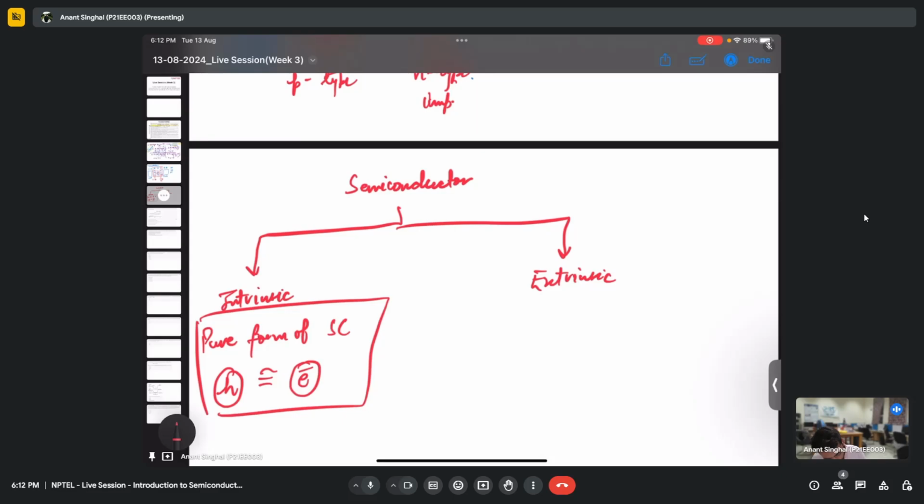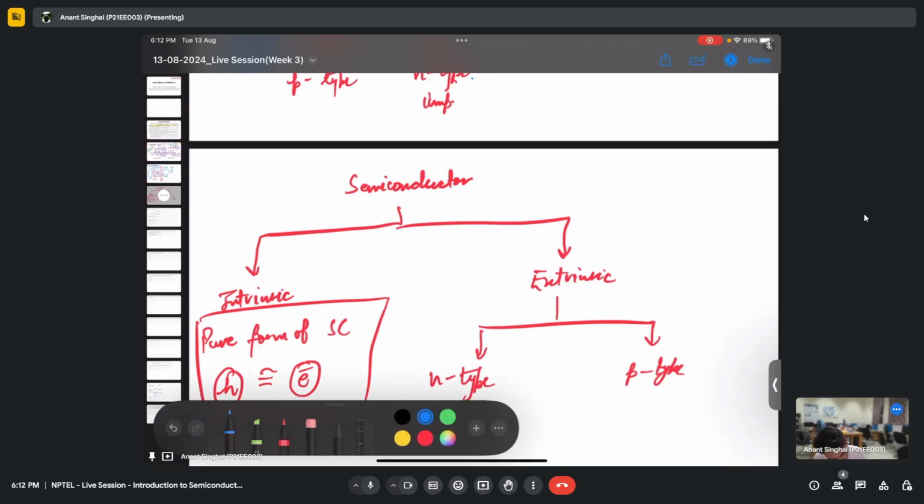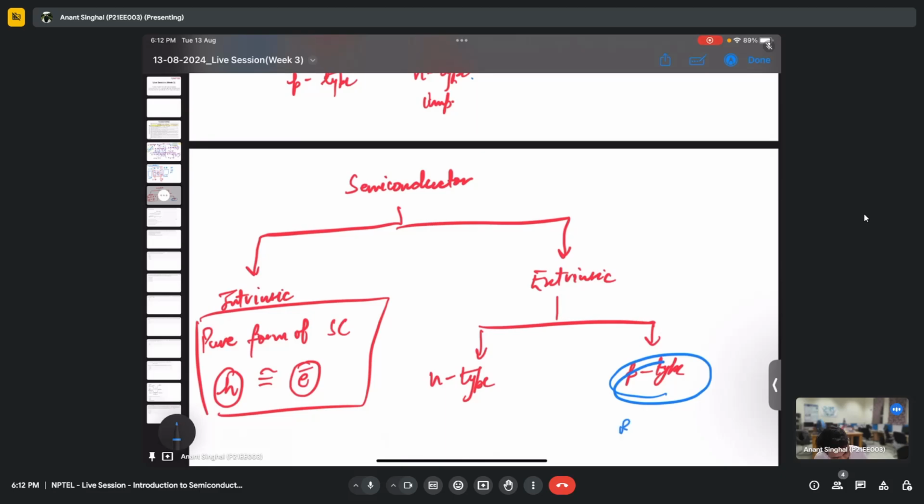They are charge neutral. If I talk about extrinsic semiconductors, we can have two types: the N type and the P type. If they are doped with a p-type impurity, such as boron, aluminum, etc., they are called p-type semiconductors. And if they are doped with n-type impurities, such as phosphorus, arsenic, etc., they are called n-type semiconductors. So this is what we have.